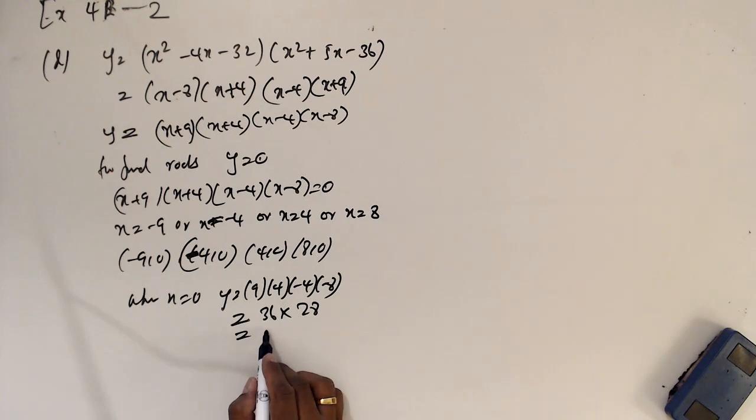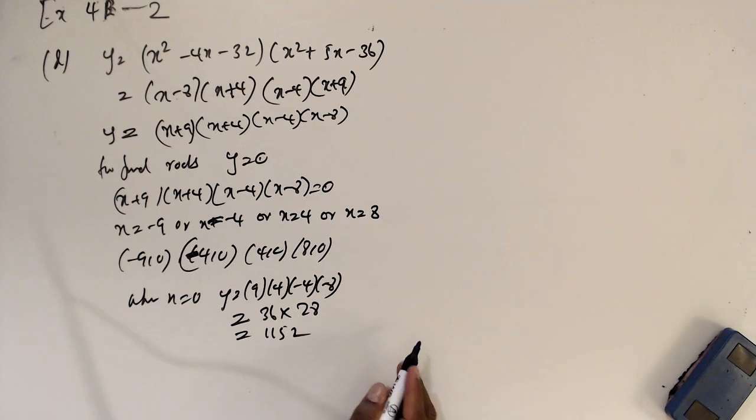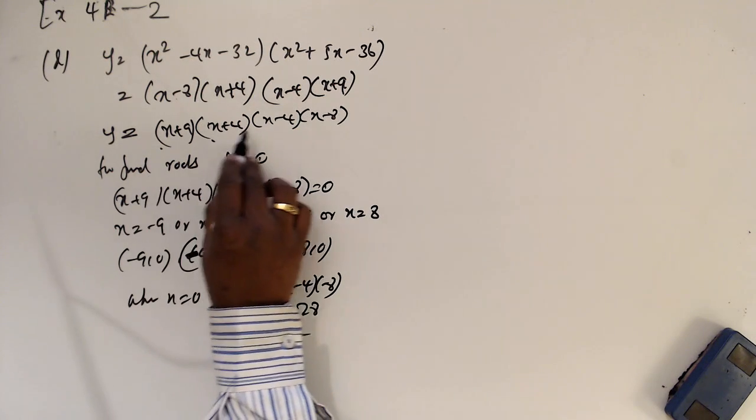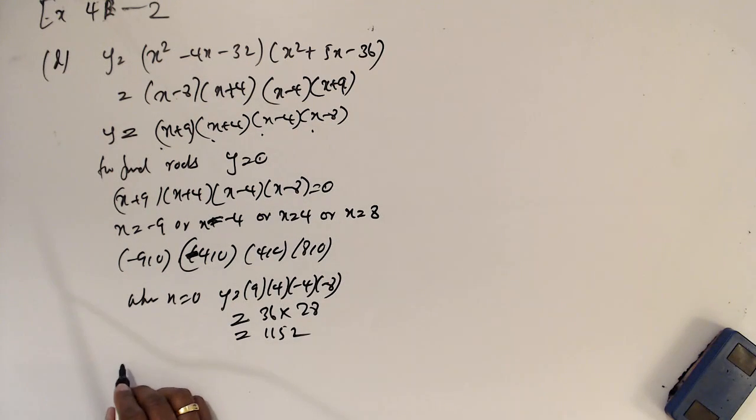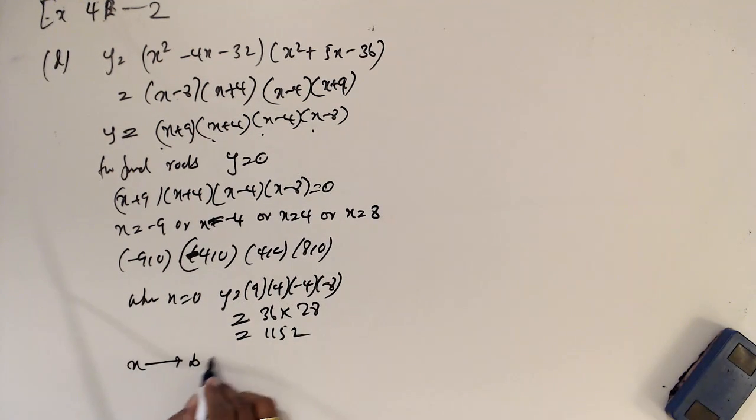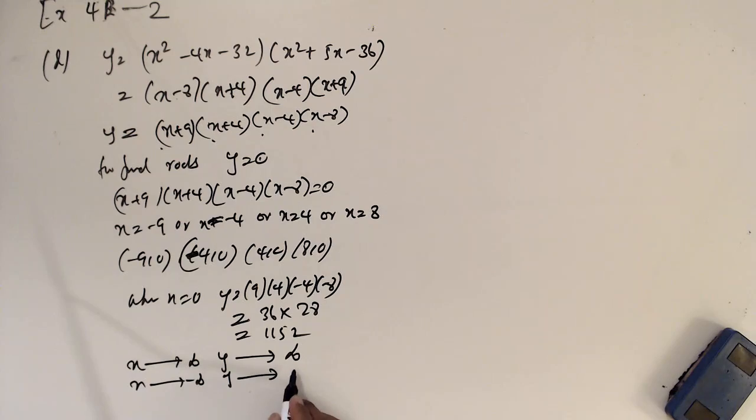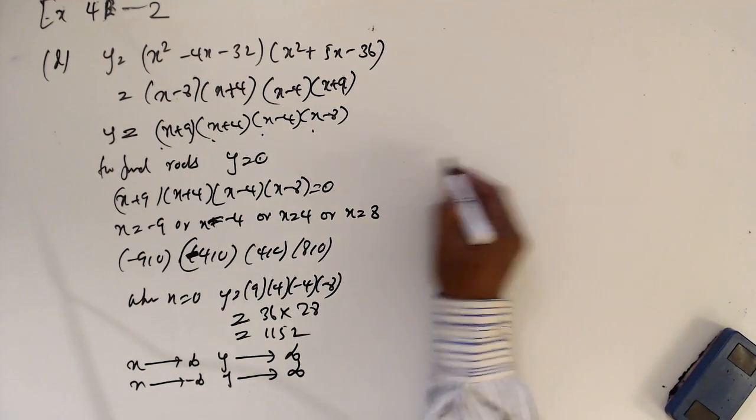This is 1152. And the power of x is 4, so the leading term is positive. Hence, as x goes to positive infinity, y also goes to positive. As x goes to negative infinity, y still goes to positive.